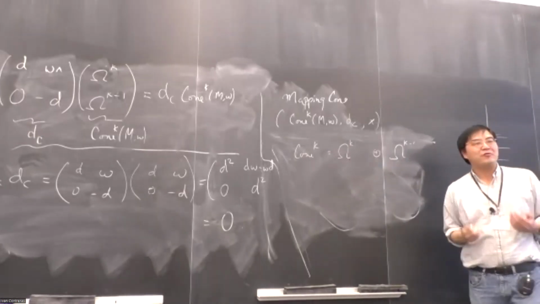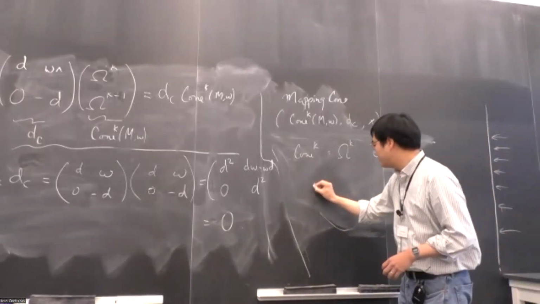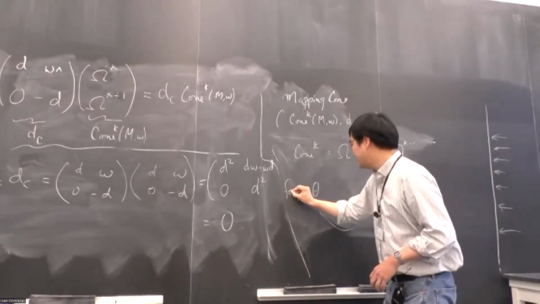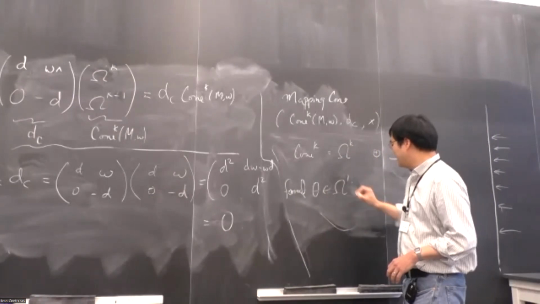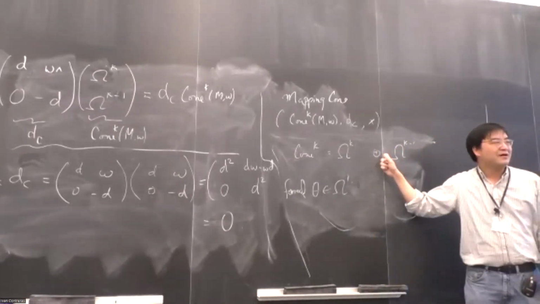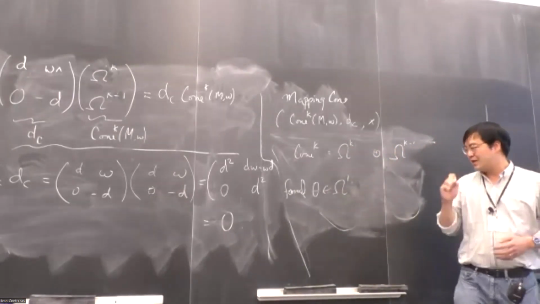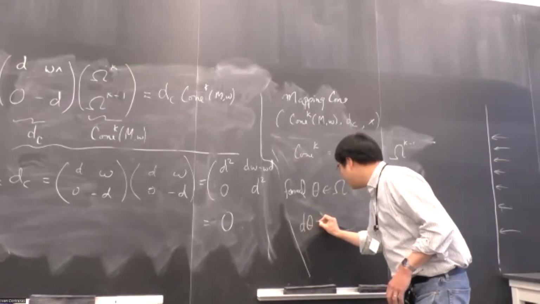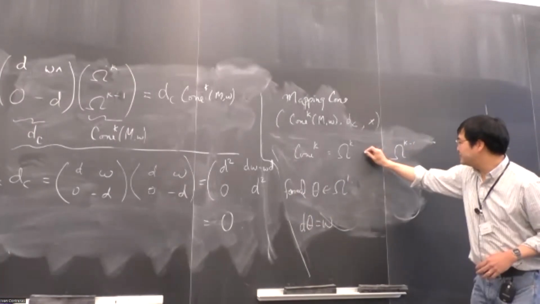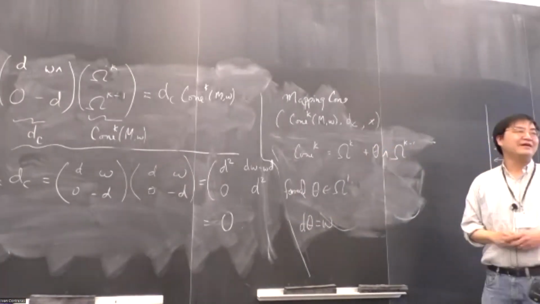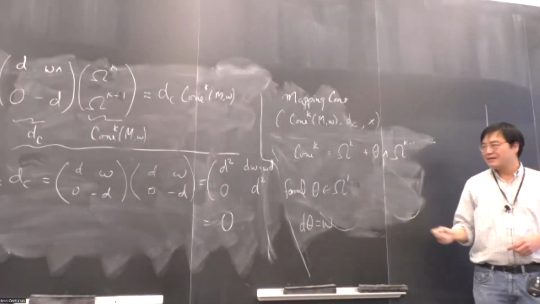Let me insert a formal parameter, theta, an element of, in this case, I need a 1-form to make the degrees match up, such that theta is equal to omega. So I want to change this and write this as a formal 1-form.